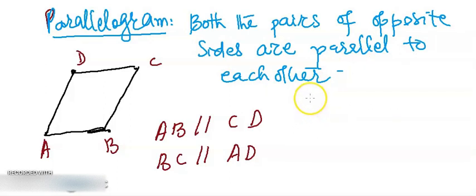For a trapezium we need one pair, so one is already over here.